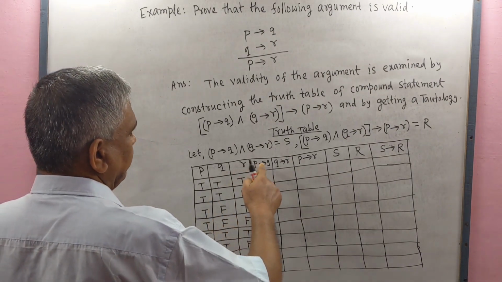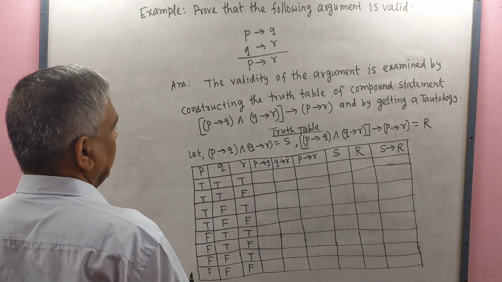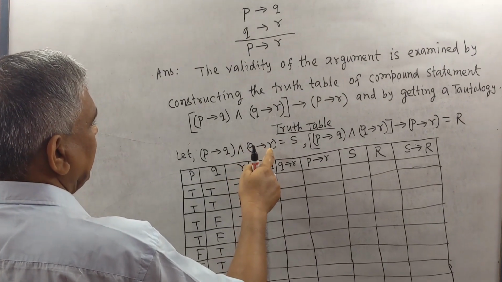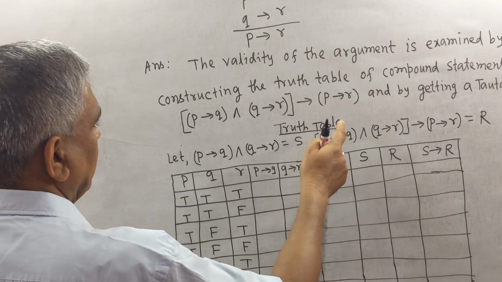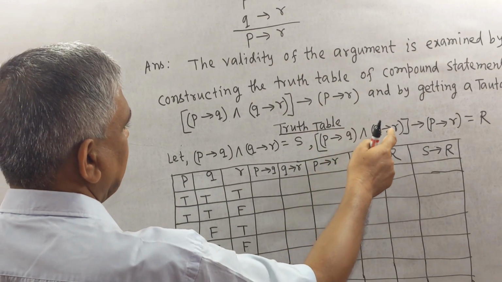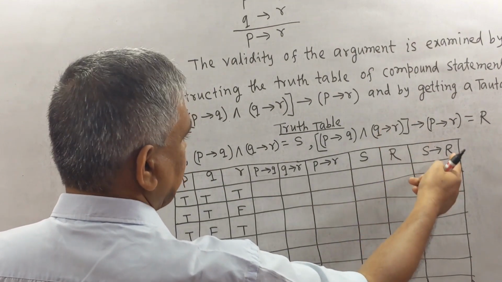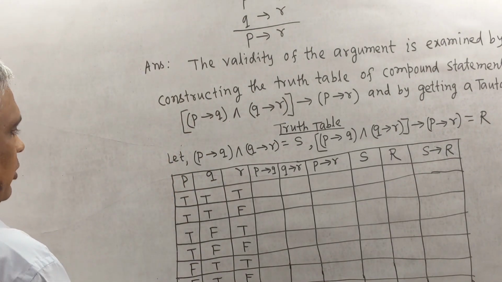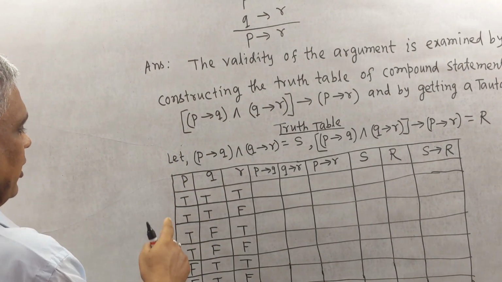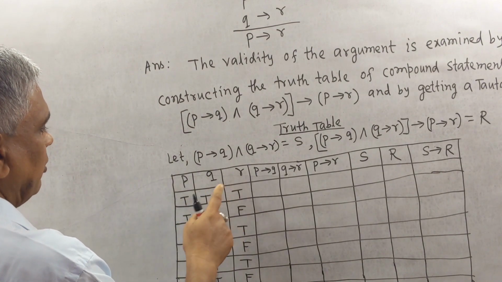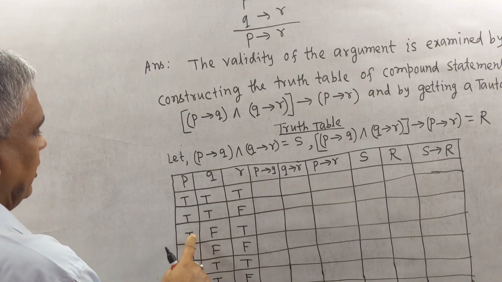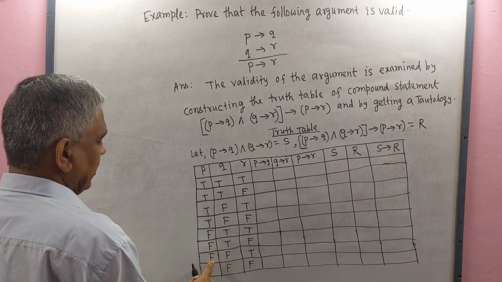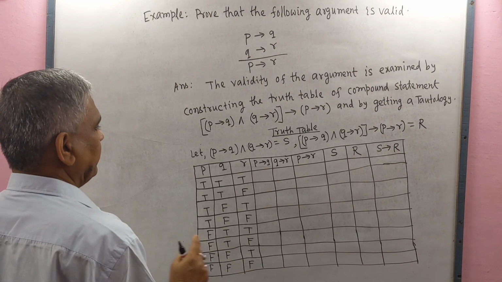Here we have constructed this truth table and we have assumed that (P → Q) ∧ (Q → R) equals S, and ((P → Q) ∧ (Q → R)) → (P → R) equals capital R. We have given the different truth values of P, Q, R: TTT, TTF, TFT, TFF, FTT, FTF, FFT, FFF.